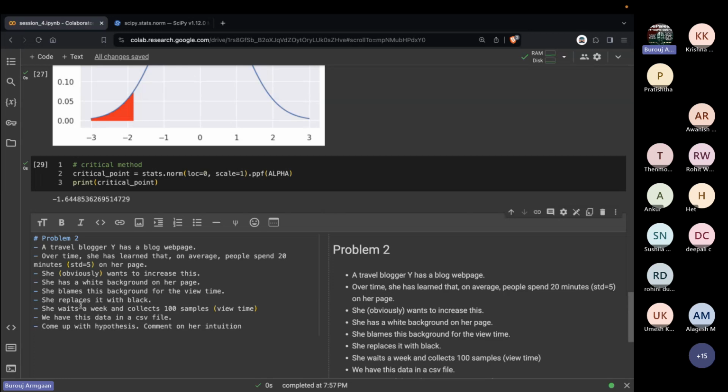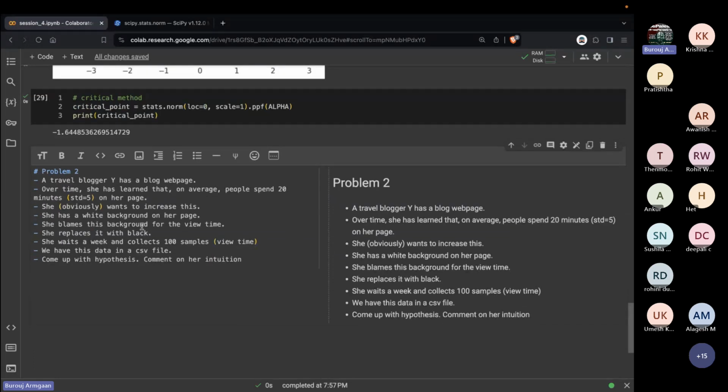Is it really the white background, and does changing it lead to a higher view time? Comment on her intuition. You are given that alpha is, let's say again, 0.05, and the standard deviation of the original population is 5.